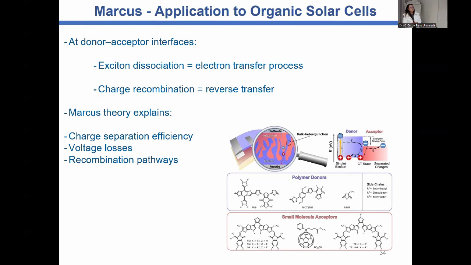So, if you have here organic solar cells, you must have organic acceptor and organic donor, and you can study the probability to dissociate the exciton created in the organic semiconductor using Marcus theory. So you analyze the electron transfer process from the donor to the acceptor, or the reversed hole transfer process from the acceptor to the donor.